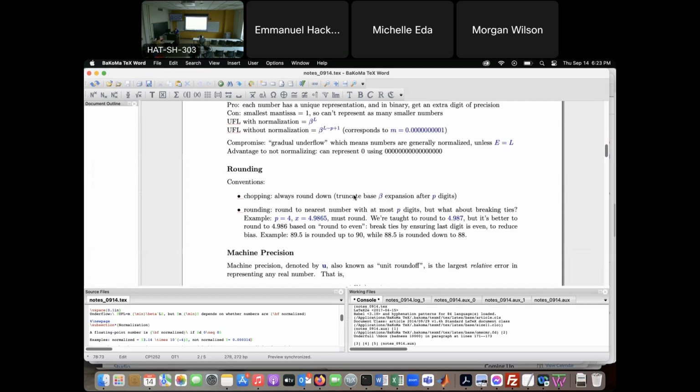So, as an example, if you have 89.5, you round up so that the last digit 0 will be even. Whereas 88.5, you're normally taught to round to 89. We actually round it down to 88. The reason why is to eliminate bias in rounding. So ties have a pretty much equal chance of being rounded up or rounded down.